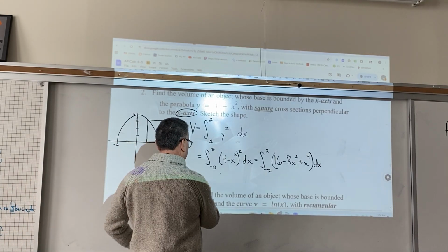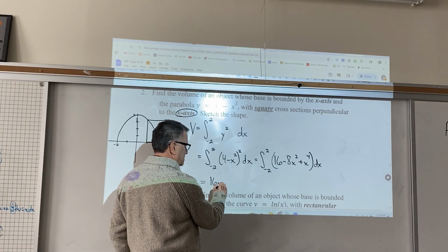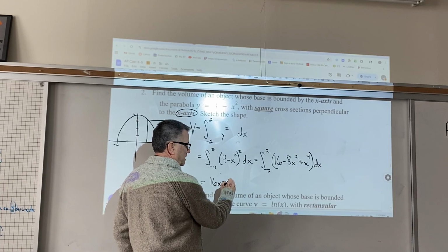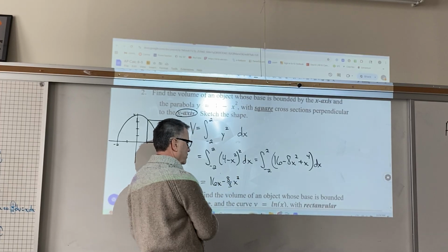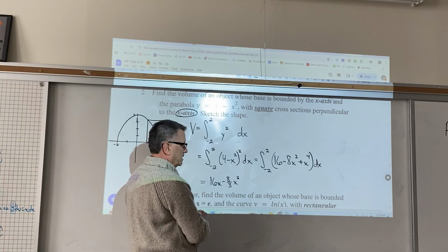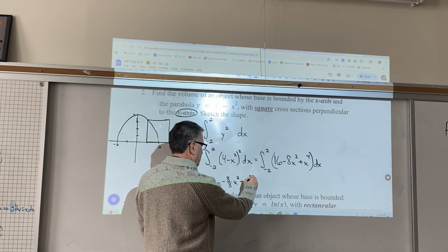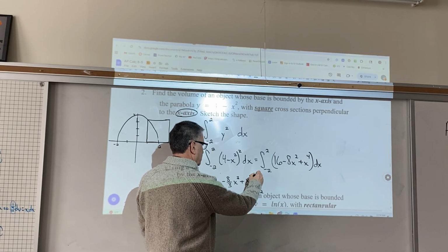And I think that integral is going to be what, 16x minus 8x cubed over 3, and that's going to be x to the 5th over 5. And I want to take that from -2 to 2.